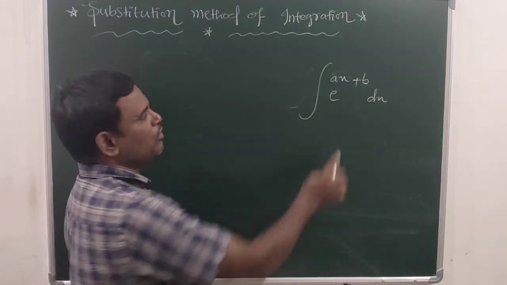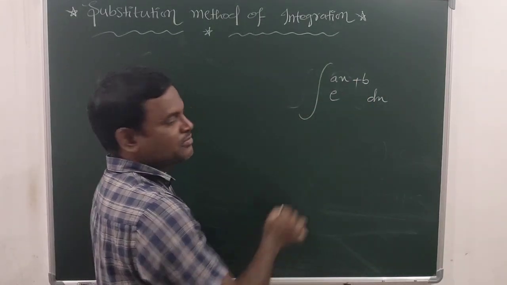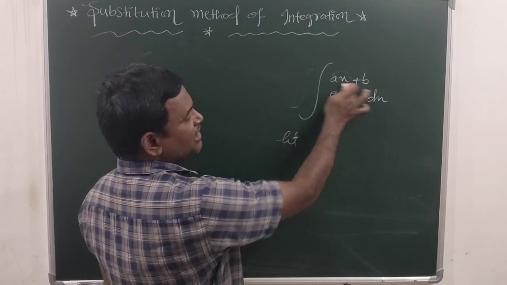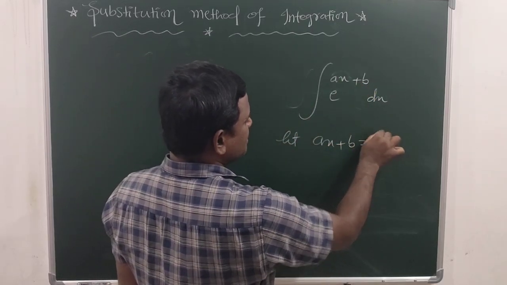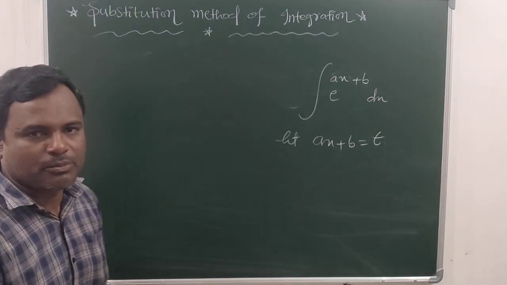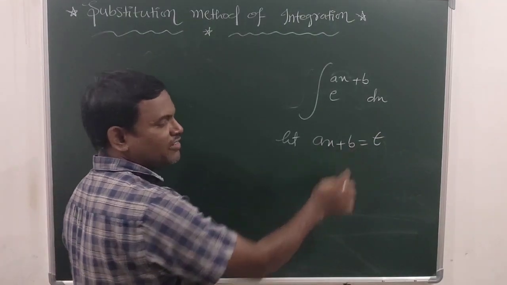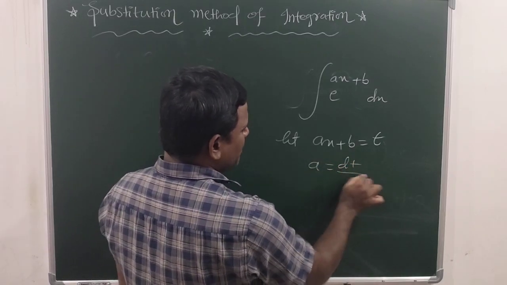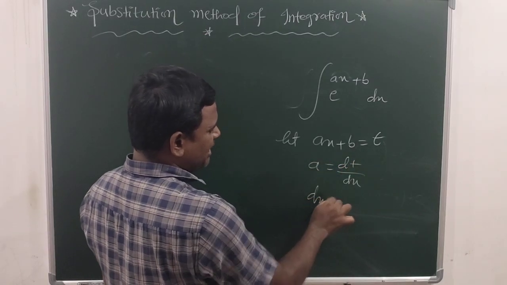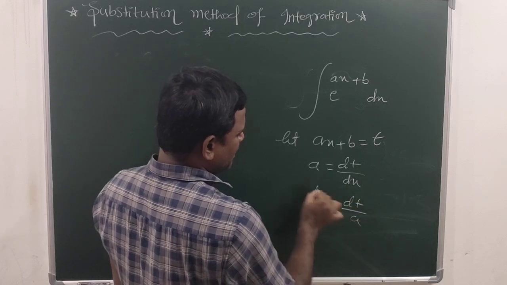See students, how do you evaluate this? Same, whatever is given in the index place has to be taken as t. Now take the derivative on both sides with respect to x. The derivative of b is going to be 0 and of x is 1. So a is equal to dt by dx. Now make dx the subject: dt by a.